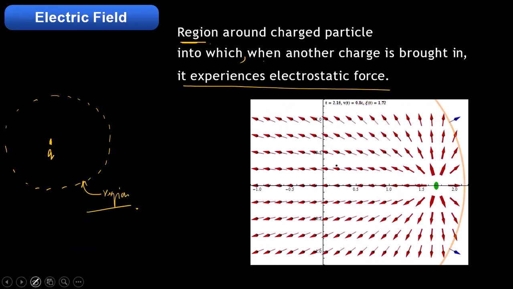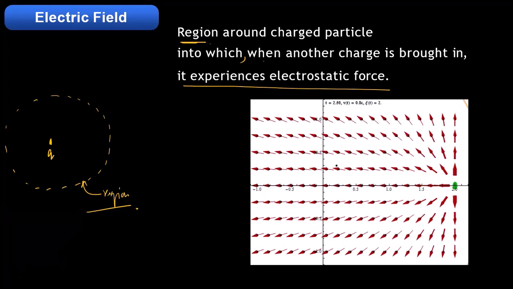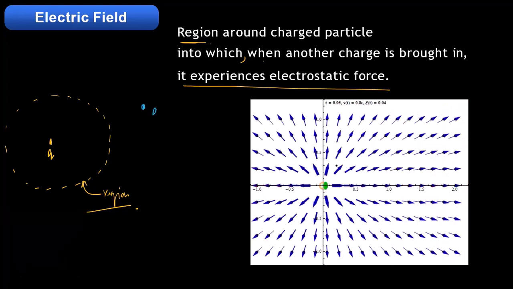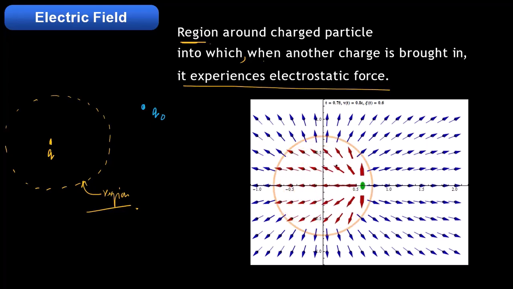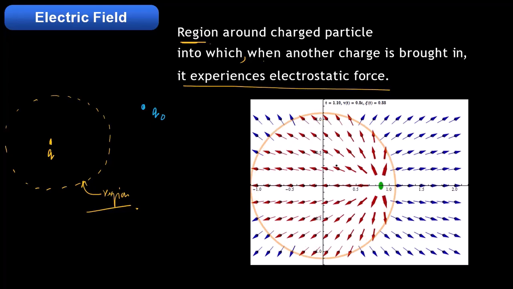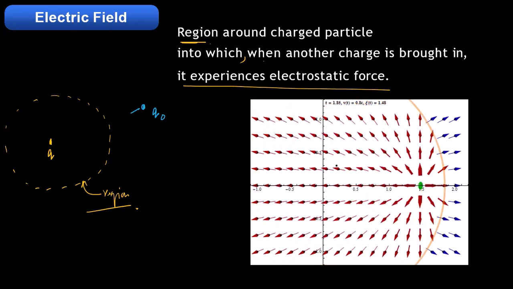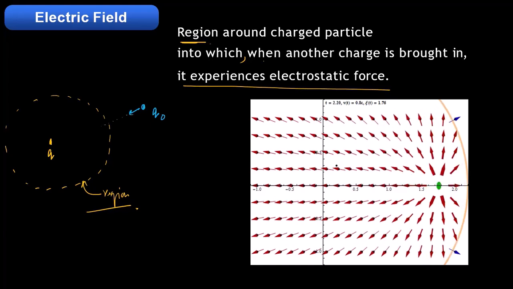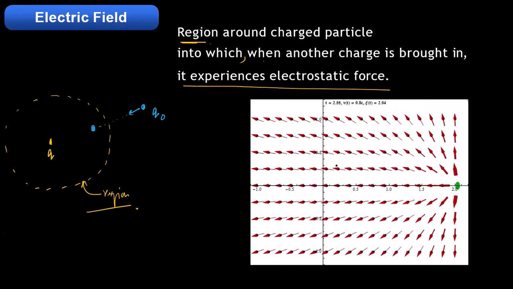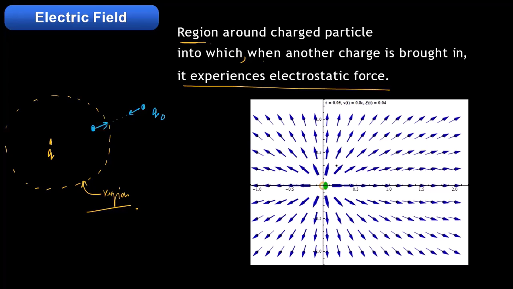To explain that, if I place another charged particle, let us say Q naught, outside this region, then Q and Q naught will not repel each other, and it will not experience any kind of force. Once I move this Q naught inside this region, the Q naught will experience the repulsive force.